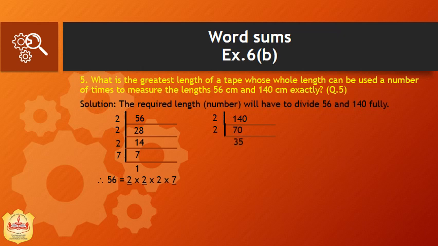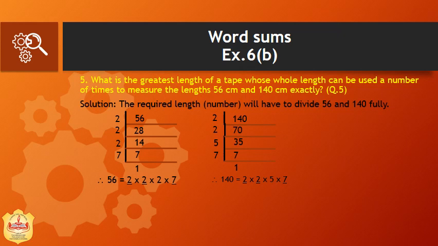Now 35 can be divided completely by 5. So let us divide it by 5. So we get 7 as the quotient, and again we divide 7 by 7 and we get 1 as quotient. So what are the factors of 140? 2 multiplied by 2 multiplied by 5 multiplied by 7.